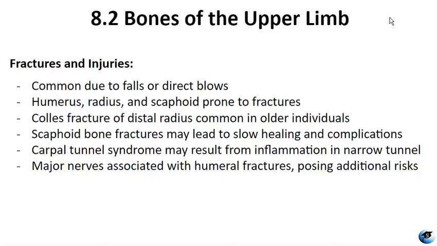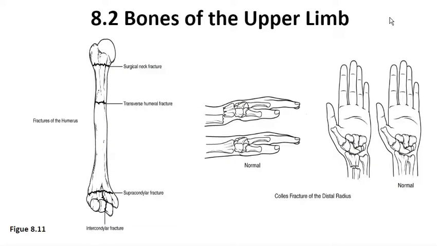Additionally, fractures of the humerus may pose added risk due to their proximity to major nerves, and this can potentially lead to nerve damage and further complications. Falls or direct blows can result in fractures of the surgical neck or shaft of the humerus. Trauma from a high-velocity accident, such as a car collision, or direct impact to the elbow due to a fall, are common causes of distal humerus fractures.